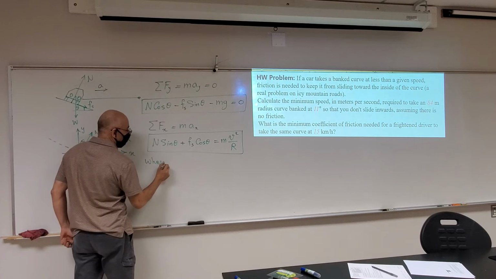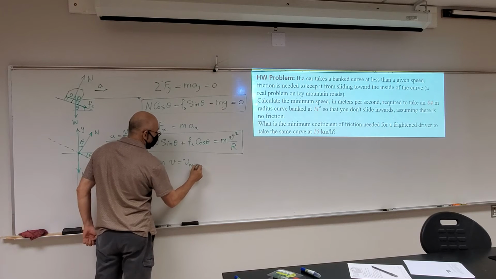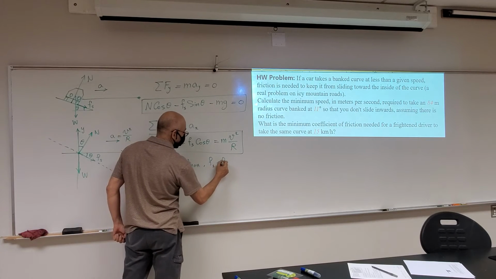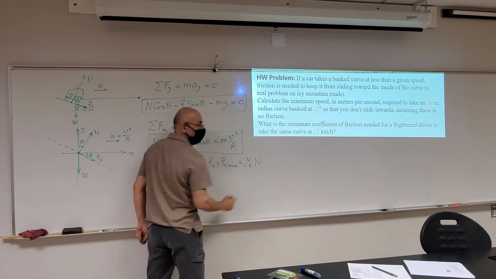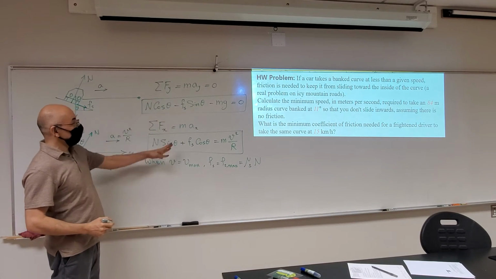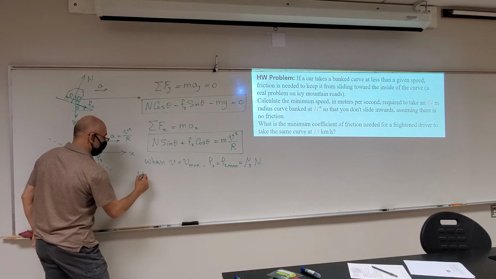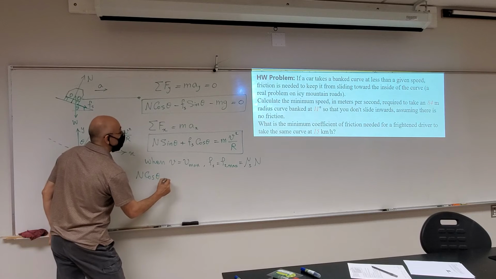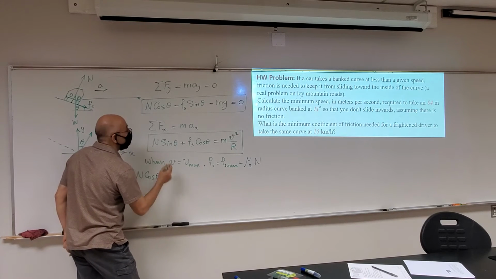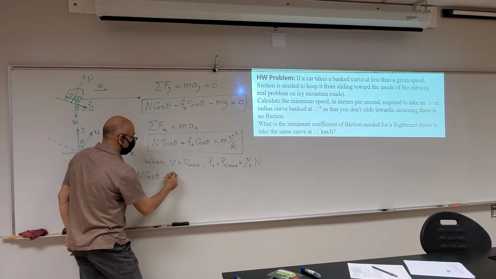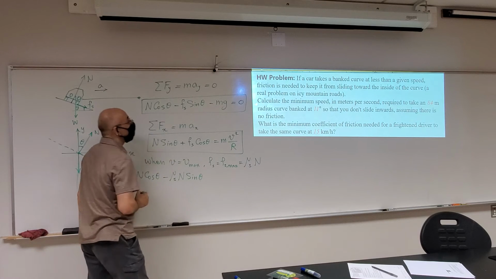So when v is equal to v max, fs is equal to fs max, which is equal to mu s times normal. So I rewrite both of these equations with that. Okay, so here we get n cosine theta minus mu s times n sine theta equals mg.